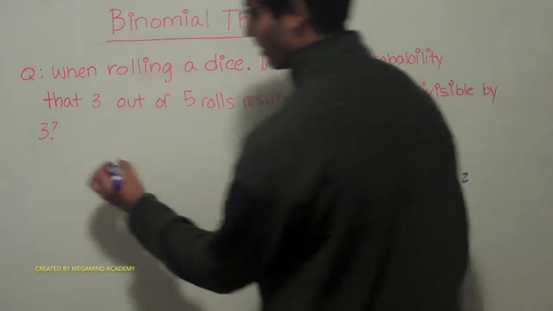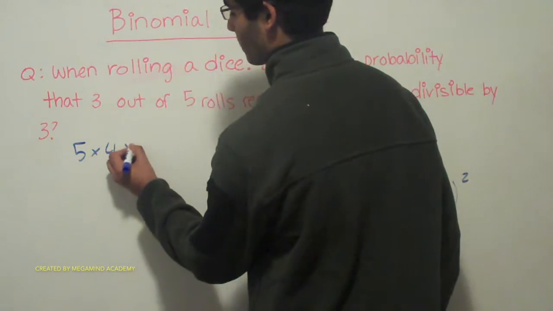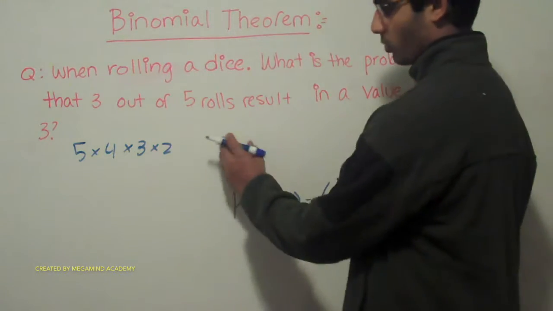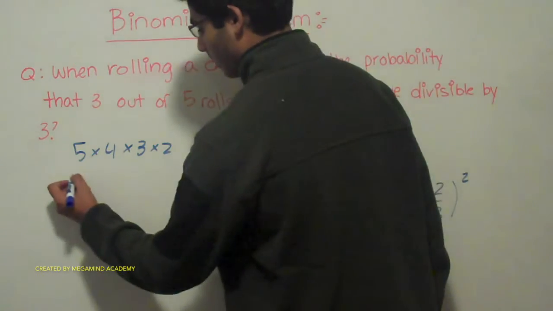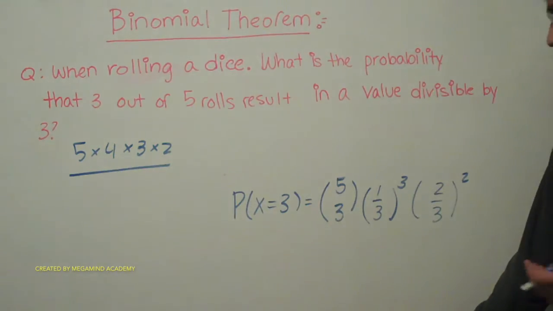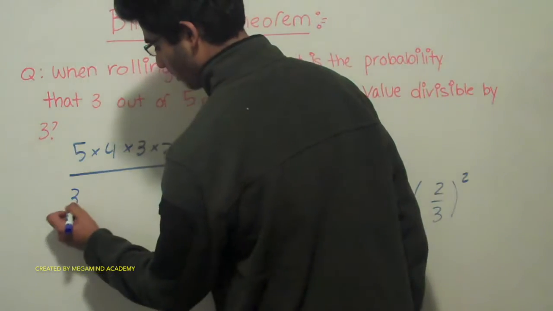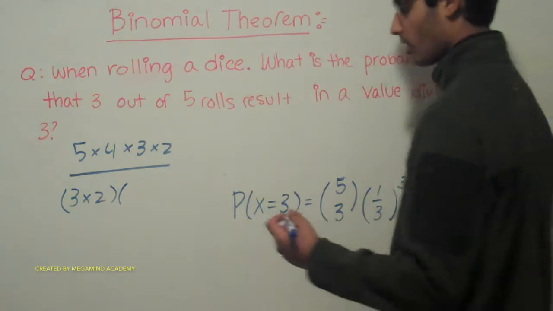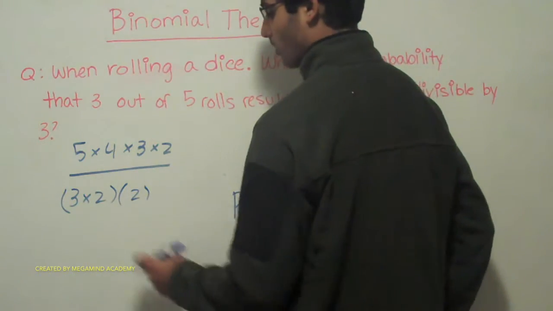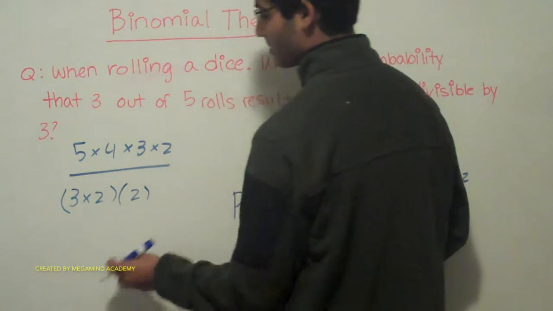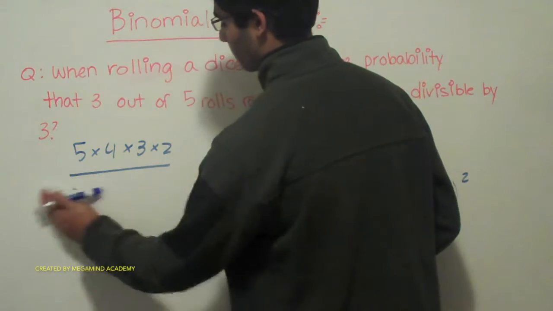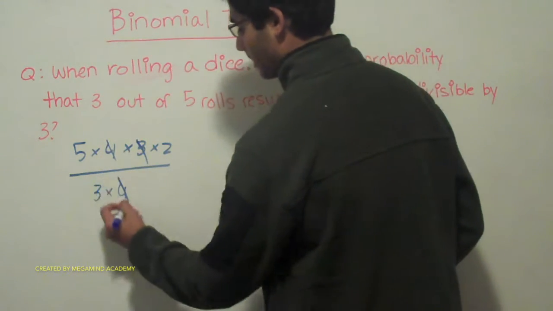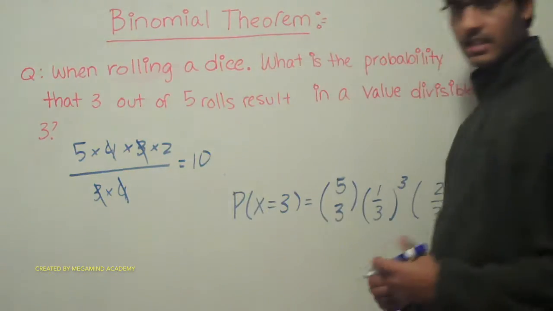This becomes 5 times 4 times 3 times 2, which is 5 factorial, and we could write times 1, but that's useless, divided by 3 times 2, and multiply this denominator by 5 minus 3, which is 2 factorial, or just 2. So 3 times 2 times 2 becomes 3 times 4, 3 times 4. These will cancel out, and that gives us a value of 10. See, it's not that hard.